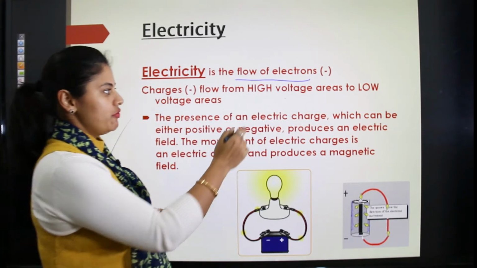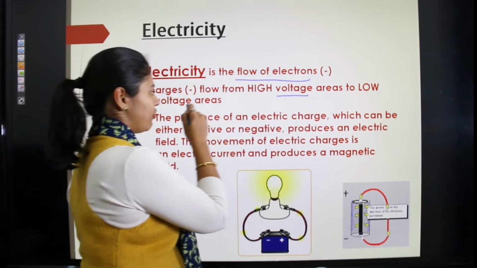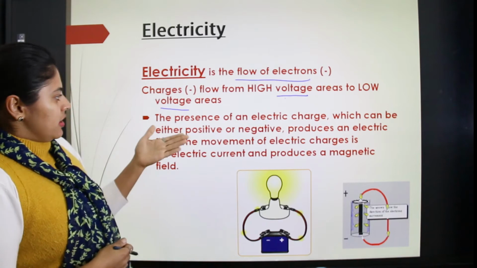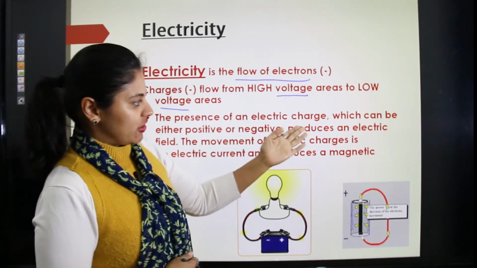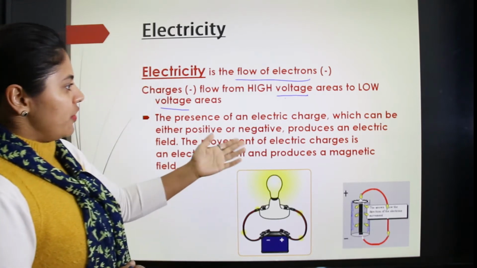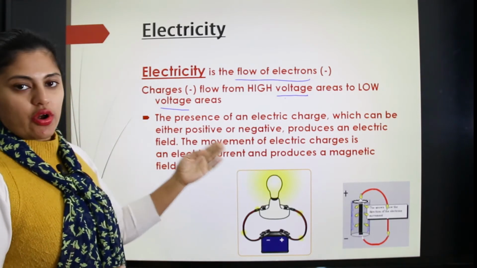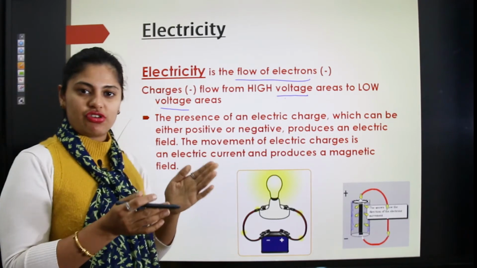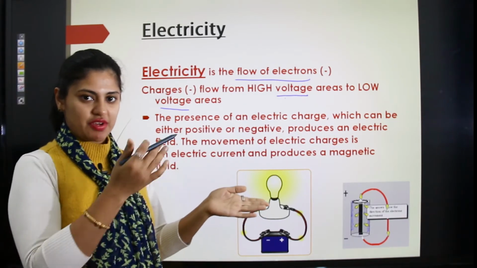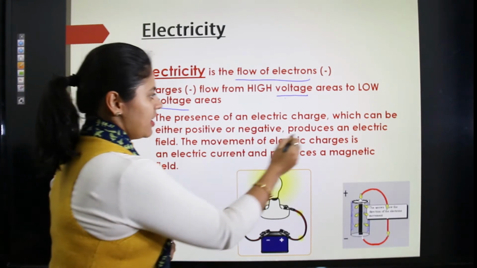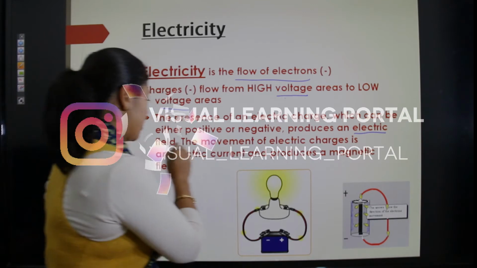From here we came to know one more word, voltage. We're going to do the definition of voltage in our next slide. The presence of an electric charge, which can be either positive or negative, produces an electric field. If there are two different charges, positive and negative, and both are in one field, that field is called an electric field.